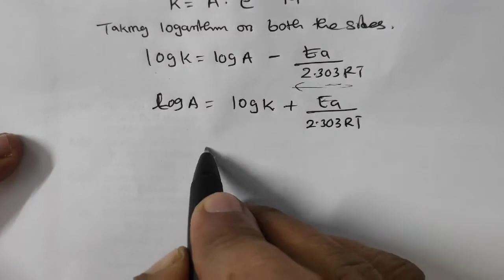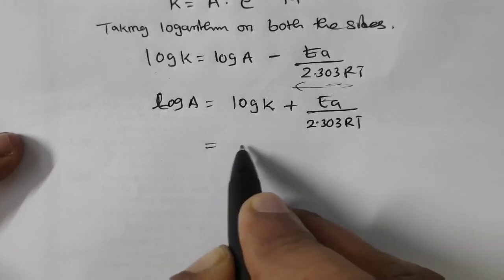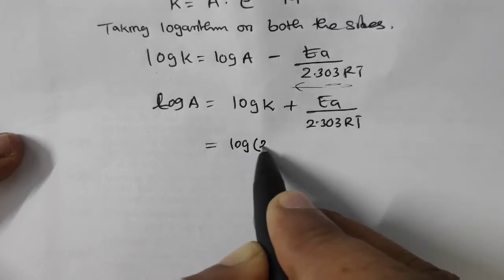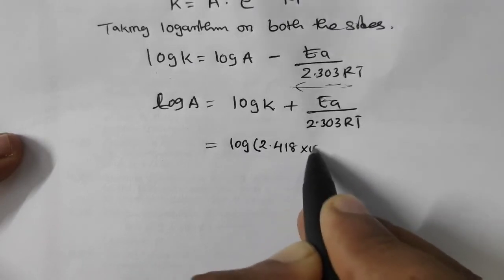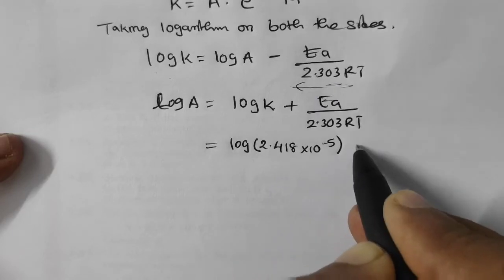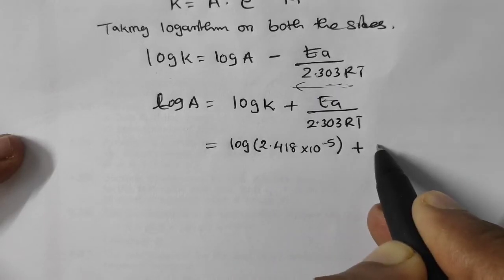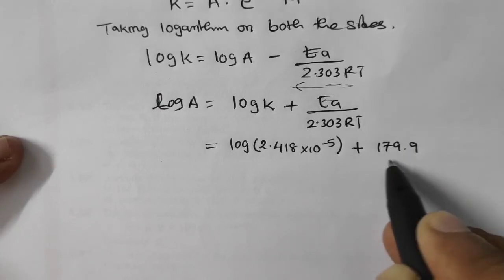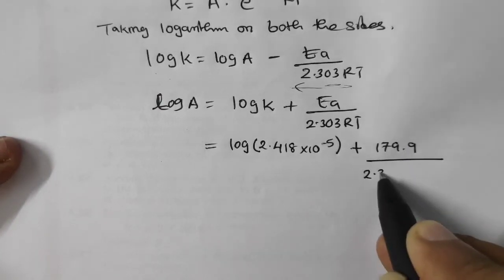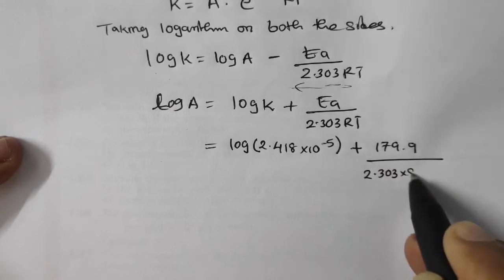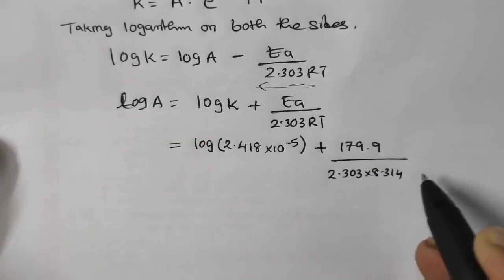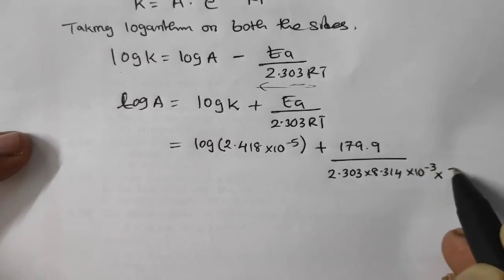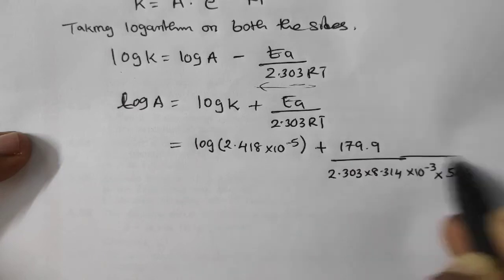Now we substitute the values: log of 2.418 into 10 raised to minus 5, plus 179.9 kilojoule upon 2.303 into 8.314 into 10 raised to minus 3 into 546 Kelvin.